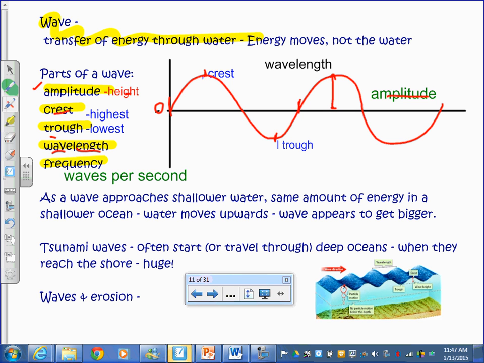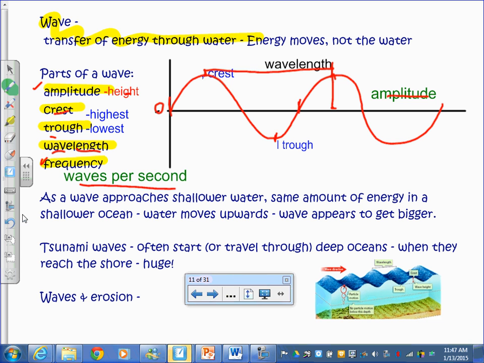And honestly, in real life, it's easier to measure it from crest to crest, because that's easier to find in a picture, since you normally wouldn't have the graph here. So that's wavelength.